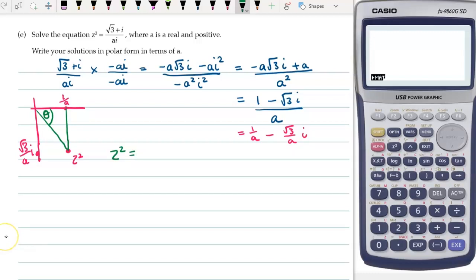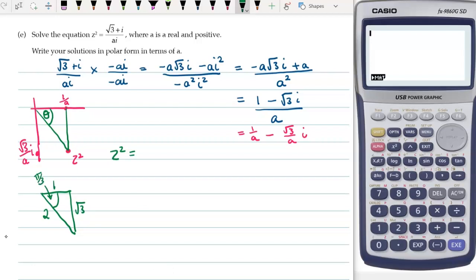This triangle that we've got going on there is based on the triangle that's got a length of 1 and a length of root 3, and then the hypotenuse would be 2. That triangle is on your formula sheet for the special identity triangles, and it gives us this angle here of pi by 3.